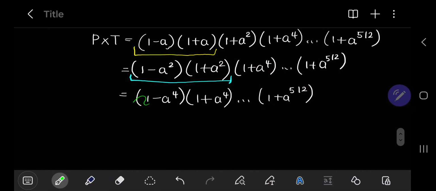And again, you guys, these first two brackets are again the factorization of the difference of two squares. So those two brackets would be the factors of 1 minus a to the power 8. Because remember how it works, you're going to ask yourself, what times itself would give you a to the power 8?